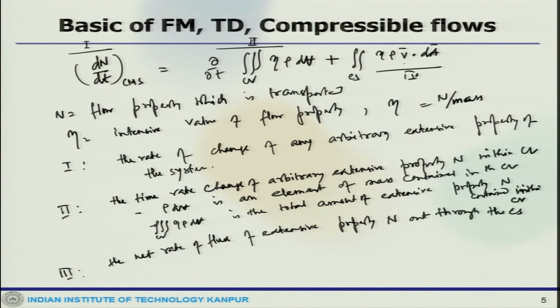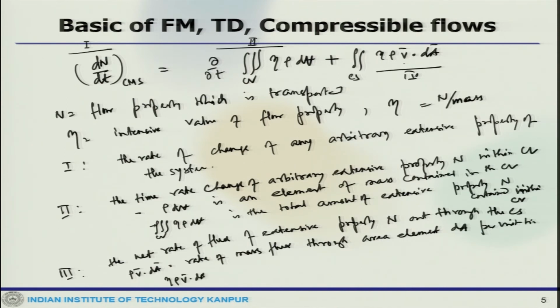Here rho V dot dA is the rate of mass flux through area element dA per unit time, and eta rho V dot dA is the rate of flux of extensive property N through area dA.